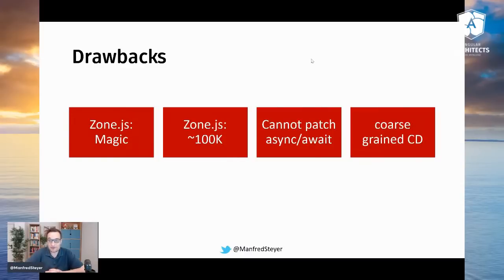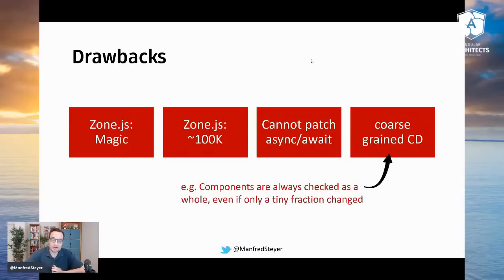And last but not least, change detection as it works nowadays is quite coarse-grained. With coarse-grained, I mean that at least one component is checked. In OnPush mode, the affected component is checked plus all the parent components. We need to mark the whole path to the root component as dirty because the change detection in Angular always goes top-down.